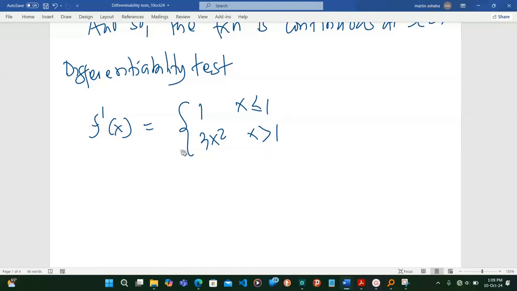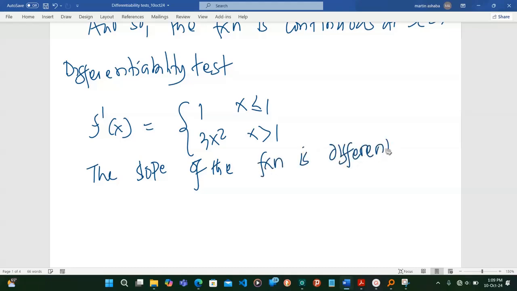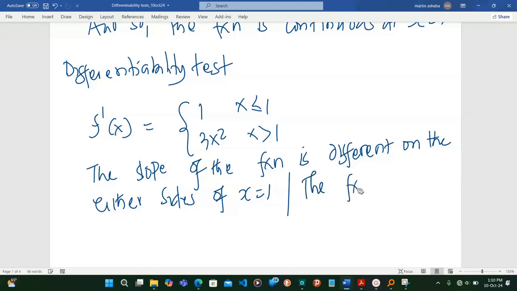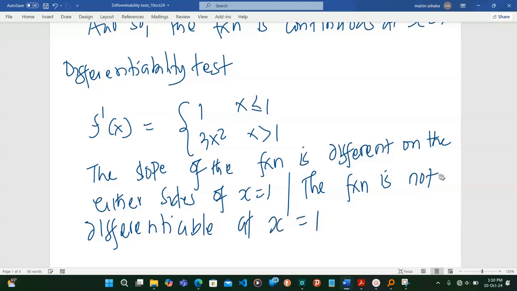Now we can see that the slope of the function is different on either side of x equal to 1. Therefore, the function is not differentiable at x equal to 1.